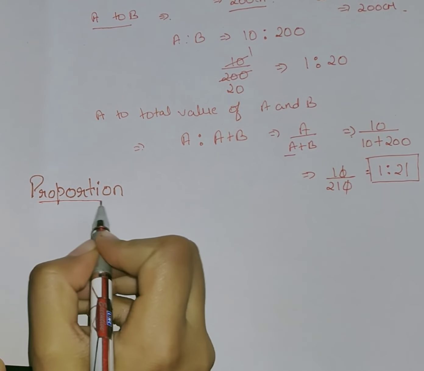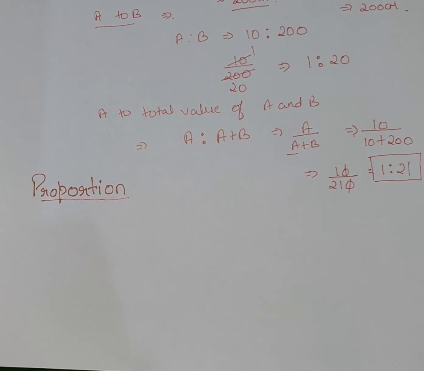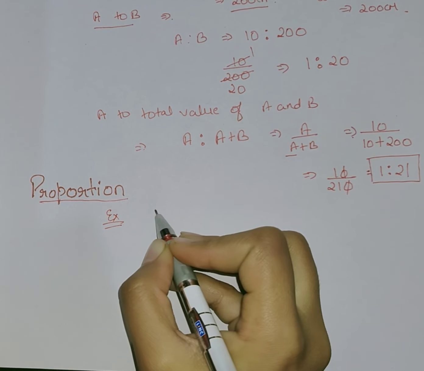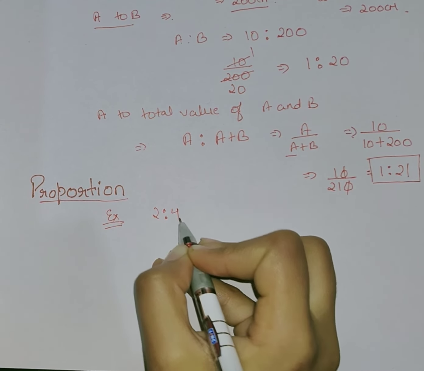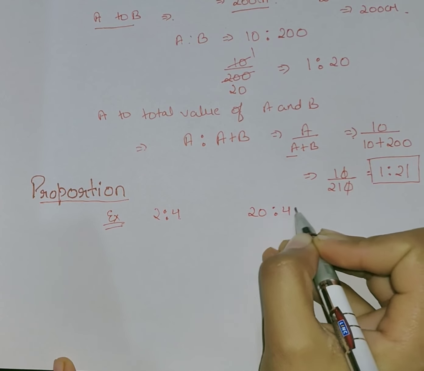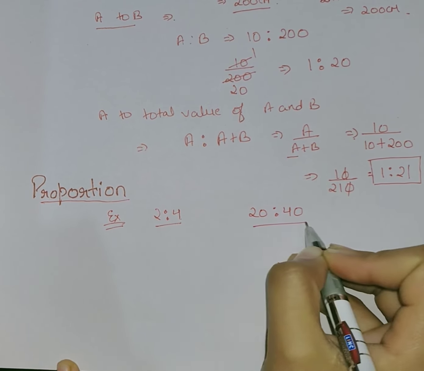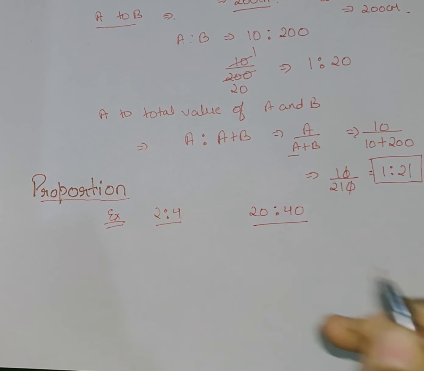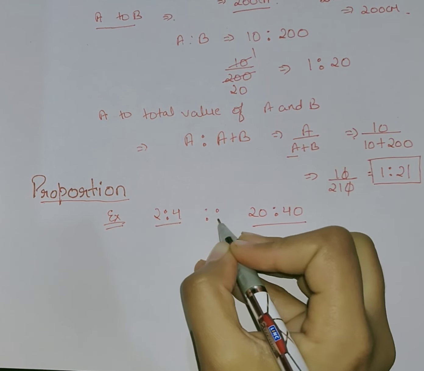What is proportion? When two ratios are equal, then we say that they are in proportion. Let's see it with an example. Suppose you are having a ratio 2 ratio 4 and a ratio 20 ratio 40. So both these ratios are equal, so we can say that these are in proportion. So the sign of proportion is this.